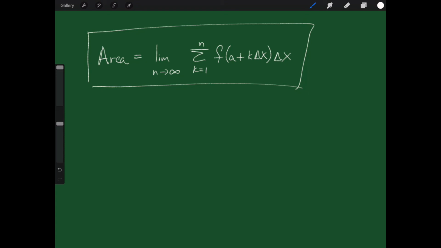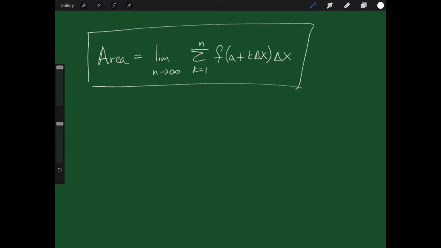Anytime I take a definite integral in this class, anytime I do it in Calculus 2, Calculus 3, I'm always just adding up a bunch of rectangles. And that's really important to remember, that at the end of the day, calculus is about adding up a bunch of little rectangles in a lot of ways. Now that we know that, how does this actually work out to find the area under a curve?